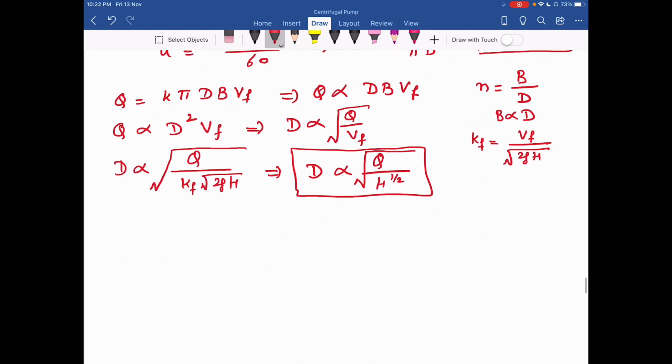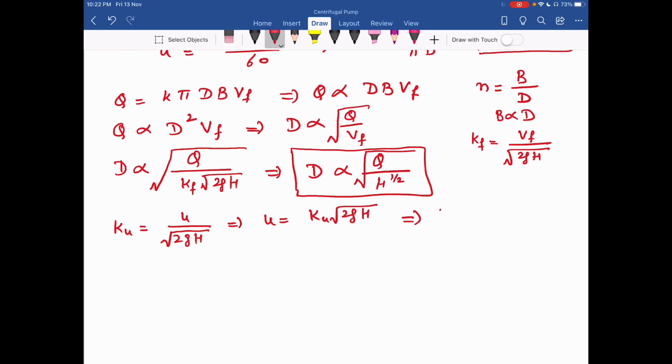Then next I have one more formula for Ku, that is U upon the square root of 2gH. From here I can write U as Ku times the square root of 2gH.